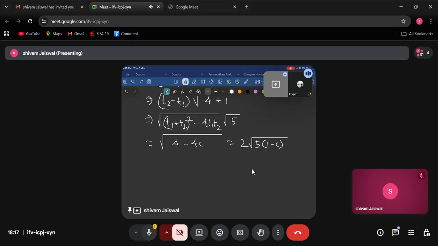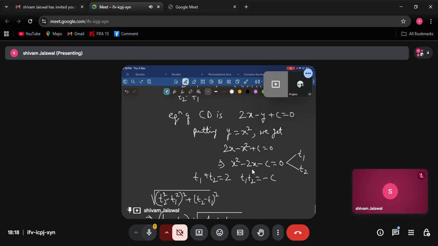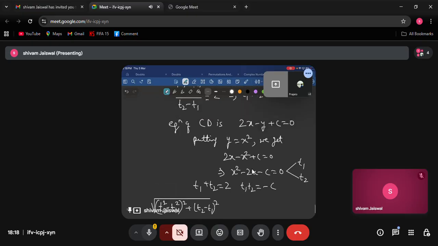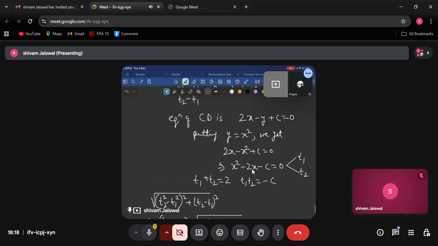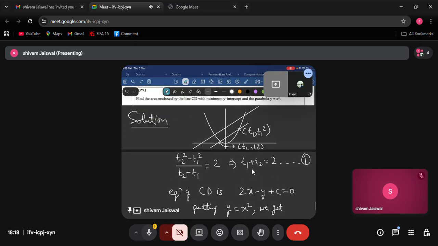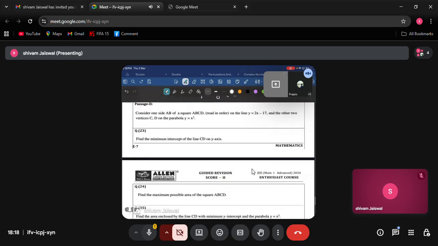Now, what is the side of the square? The side of the square is the mod of the distance between the parallel lines, mod of c minus, y equal to 2x minus 17 it was, right? Let me see.